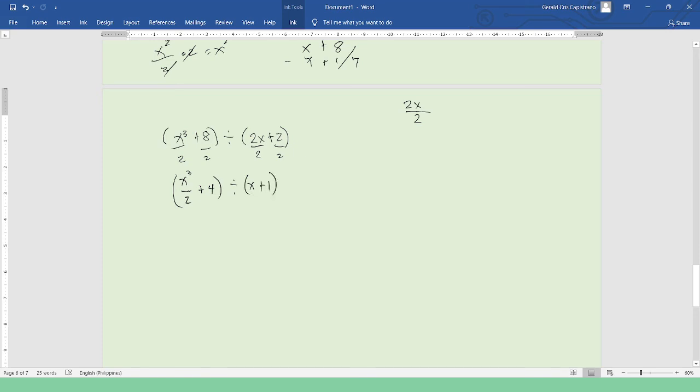Nakikita niyo na kung saan nangyari yun. Na-cancel tong 2, naging 1, so x na lang siya. Cancel tong 2, naging 1 na lang din siya. So, yan, 1. Dito, makikita nyo na pwede na natin gamitin yung ating synthetic division.